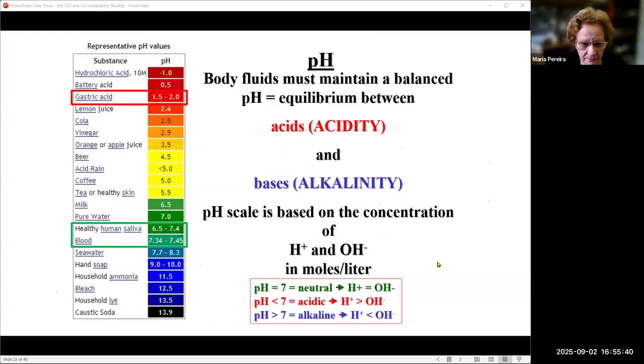So why is this important? This is important for the pH. So in our body, the pH is highly, highly regulated. So for example, in the stomach, the gastric acid, which is the stomach fluid, is highly, highly acidic. So I explained this. There are cells in the stomach that produce hydrochloric acid.